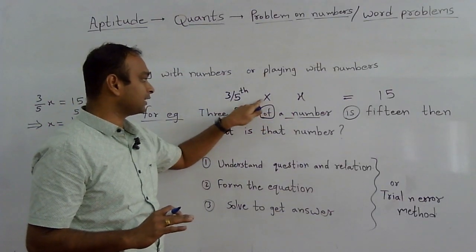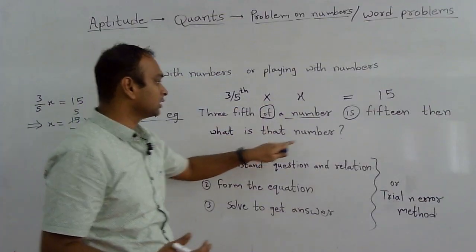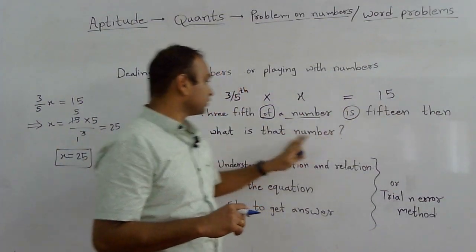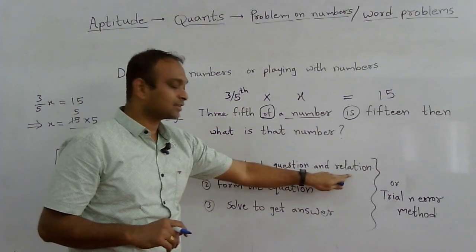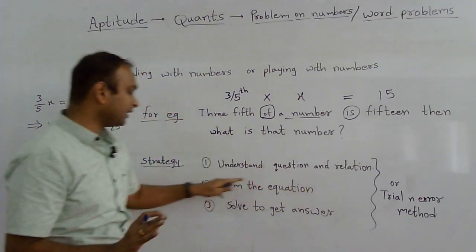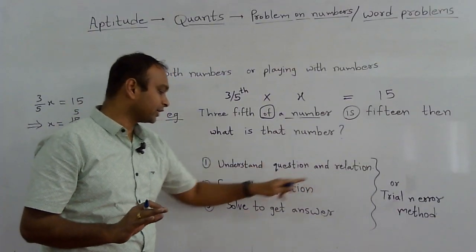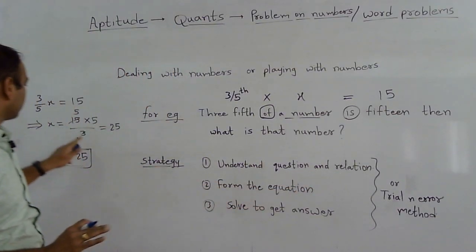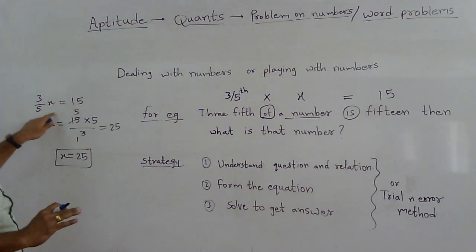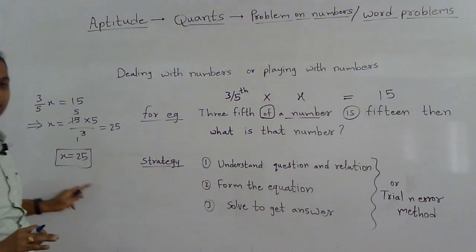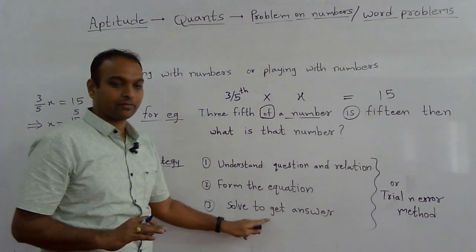Since 'of' is there, we take multiplication, 'is' is there, we take the equal sign, and 15. Understand this relation perfectly. Once that is done, form the equation, and then solve it to get the final answer.